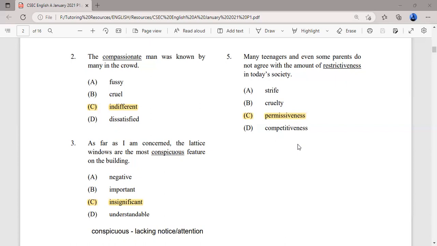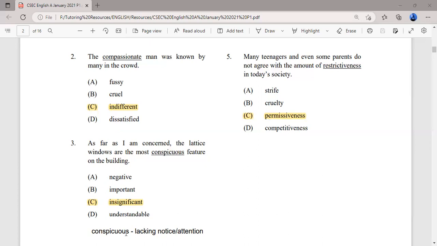Negative, we can rule that out. Understandable, we can rule that out. Again, conspicuous means attracting notice or attention. Important is kind of similar to conspicuous, and because of that, we know that cannot be the answer. So insignificant is the answer for this question.